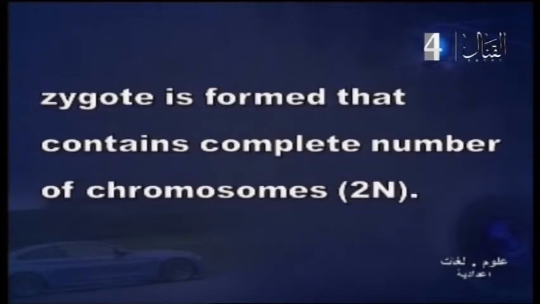In other words, sperm or male gamete 23 chromosomes and ovum or female gamete 23 chromosomes form a zygote that contains 46 chromosomes, which is the complete number of chromosomes in the human body.